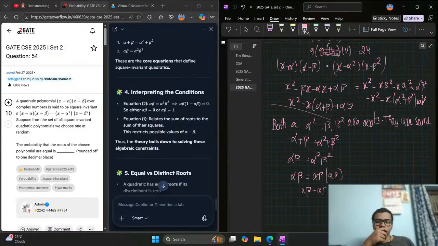So alpha beta minus alpha beta into alpha beta is equal to 0. Alpha beta is common, 1 minus alpha beta is equal to 0. So alpha beta is equal to 0 or alpha beta is equal to 1. Got it?